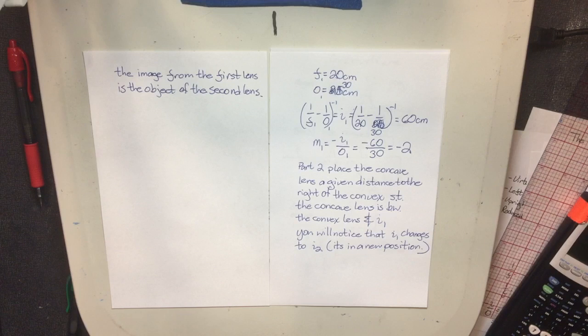The image from the first lens is the object of the second lens. That's number 2. The image from the first lens is the object of the second lens. There, I've said it 3 times now, so that must be critical.